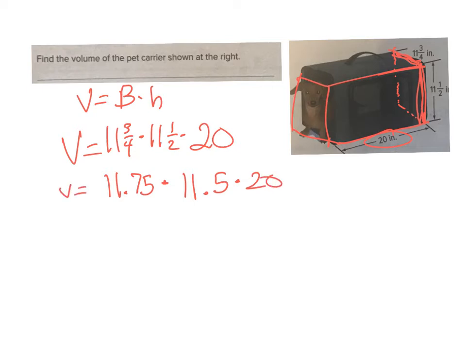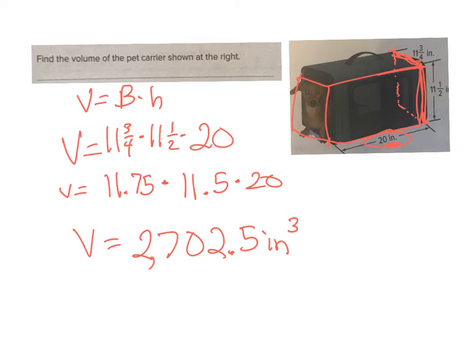Once I do that all together, I get my formula: 11.75 times 11.5 times 20 equals a volume of 2,702.5, and the unit is inches, and it's volume, so it's cubed. Okay.